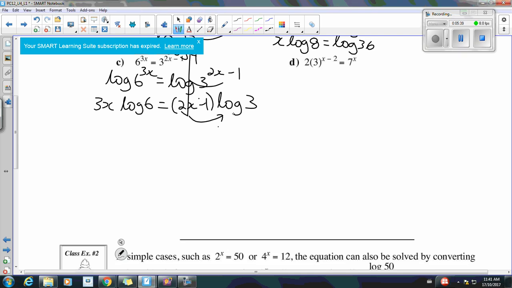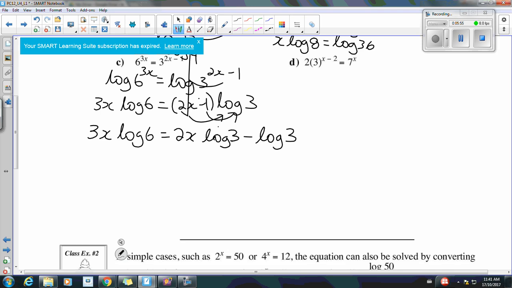Expand out here. So we're going to multiply everything by log 3. So this side, there's nothing to expand. And now we have this.